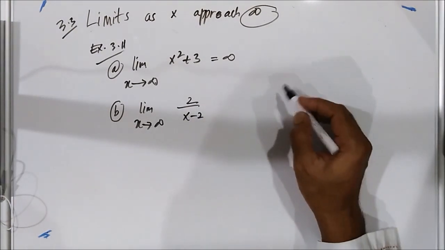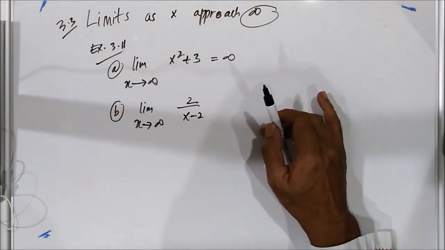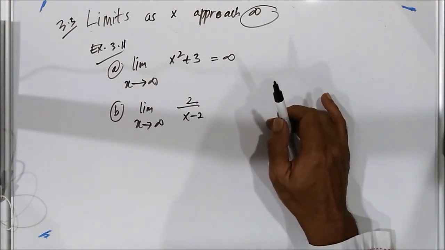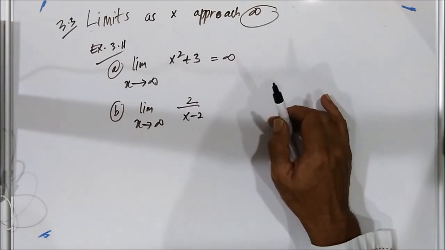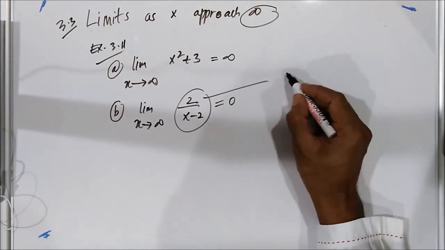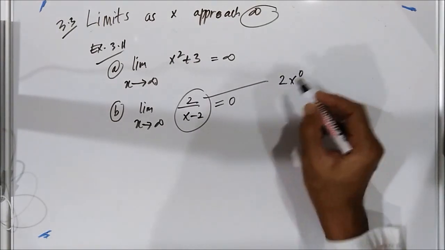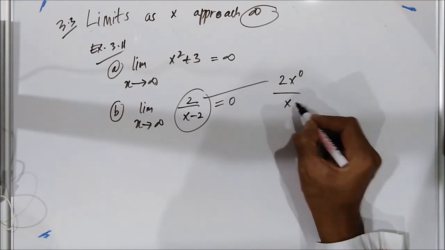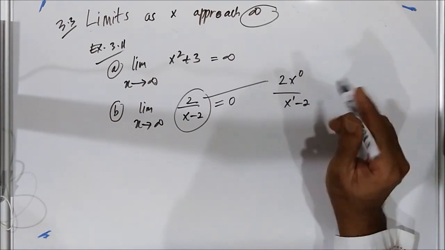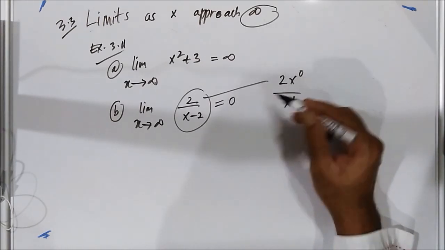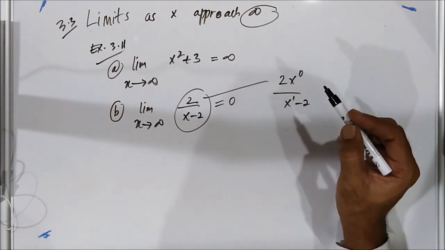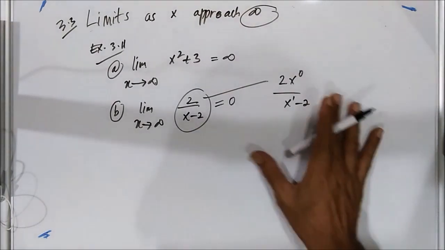The numerator power is lower than the denominator power, so the answer will be 0. This can be written as 2x raised 0 over x raised 1 minus 2. X raised 0 is equal to 1, x raised 1 is x. The top power is lower than the bottom power, so the answer is equal to 0.